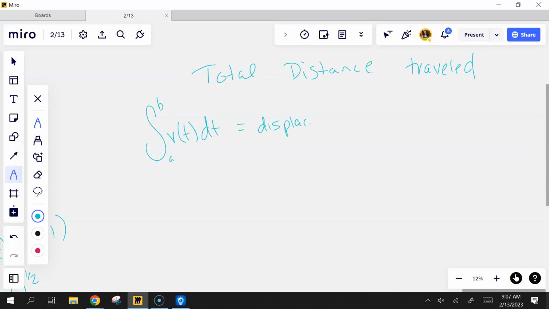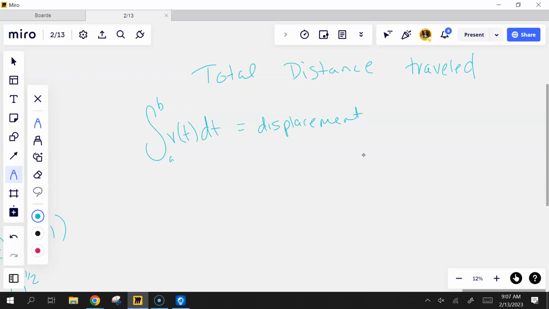That's not total distance traveled. How could I find total distance traveled? You're exactly right. There you go.